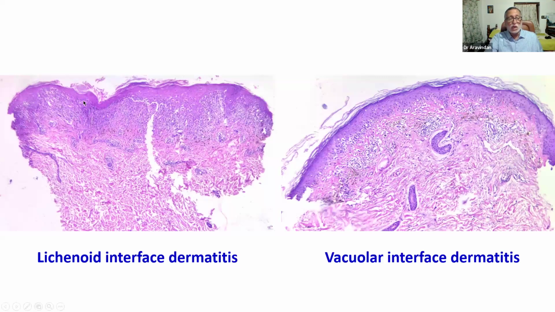That is lichenoid for us. But for the dermatologist, lichenoid means clinically appearing lichenified, like lichen that is seen on tree barks. That is lichenoid for them. So both the terms we use differently. The other is vacuolar interface dermatitis, where you find vacuolar change in the basal cells, basal vacuolar degeneration.